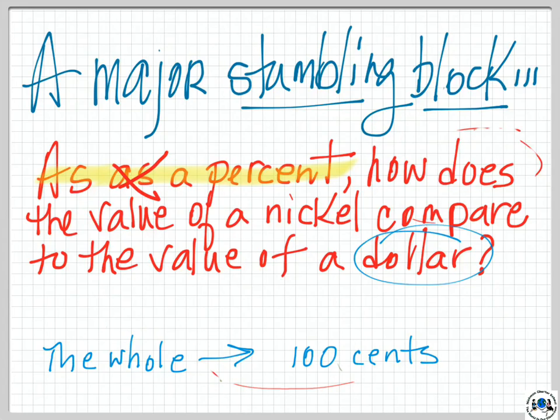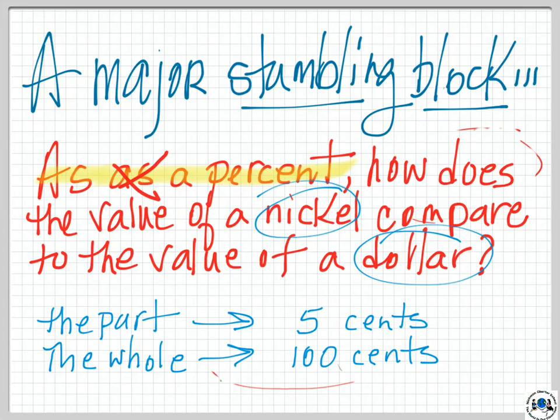We talked about this idea of making fractions initially with the denominator of 100, because they can easily be converted into percentages. The part is the 5 cents. So we've talked about the whole and the part.